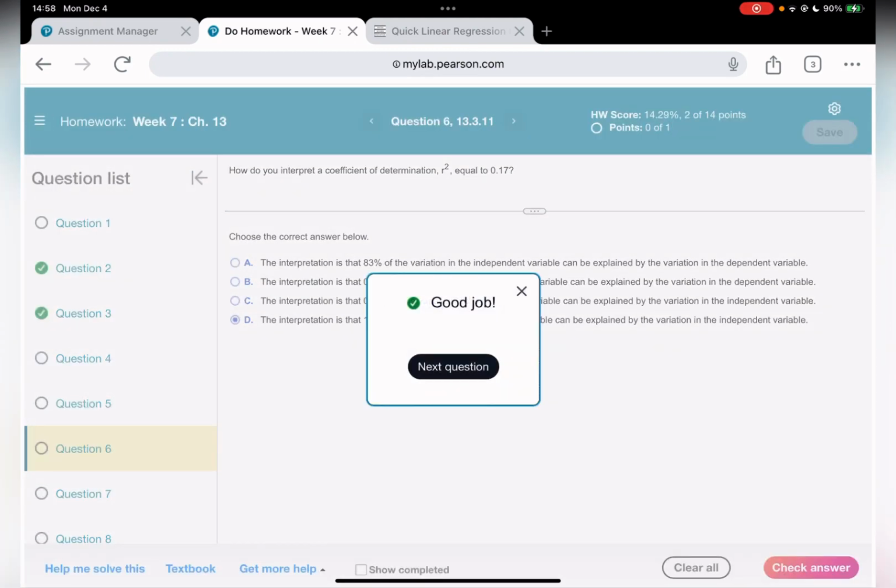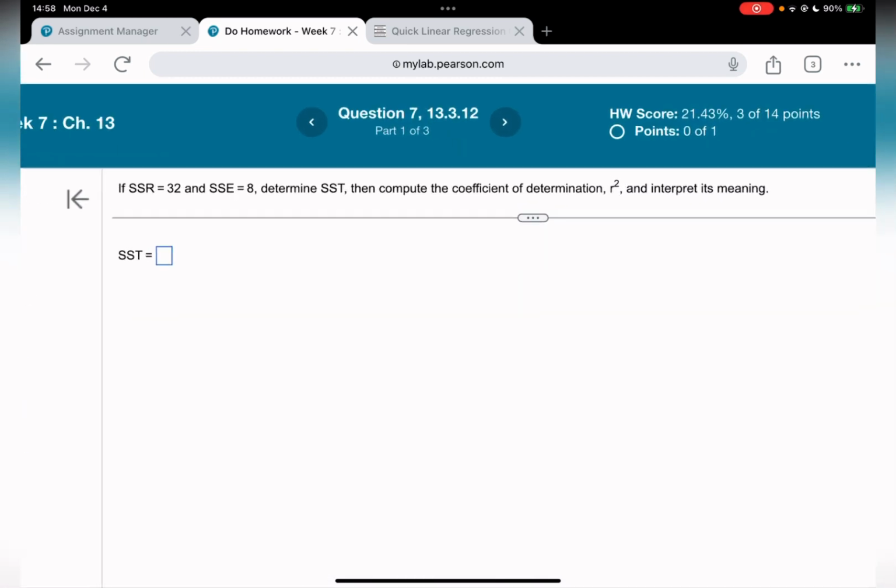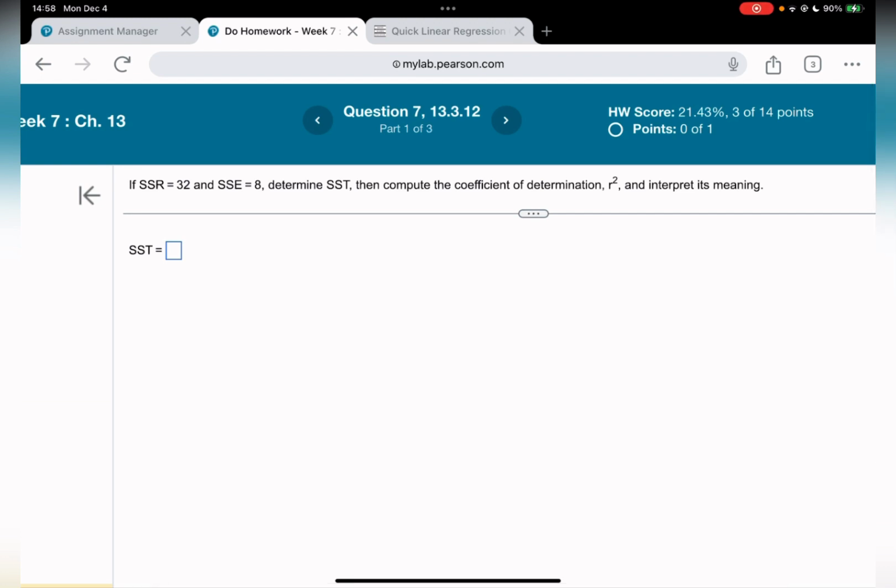Let's check. Good job. Now we are moving to question number 7. So, what do we have here? If SSR is equal to 32 and SSE equals 8, determine SST, then compute the coefficient of determination R squared and interpret the meaning.